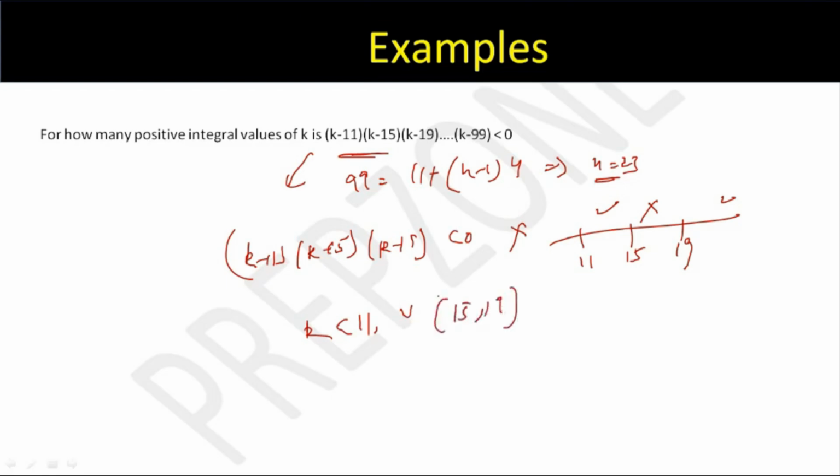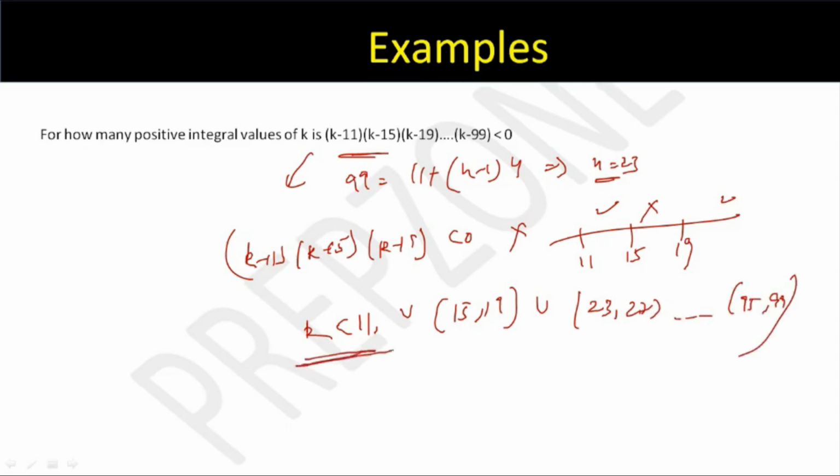Now this is what will happen if there are 3 terms, but there are in total 23 terms, right? So with 3 terms this will happen. Now I just have to see what will happen with 23 terms. So of course this pattern is going to simply continue: 15, 19, then 23, 27, so on and so forth till 95 to 99.